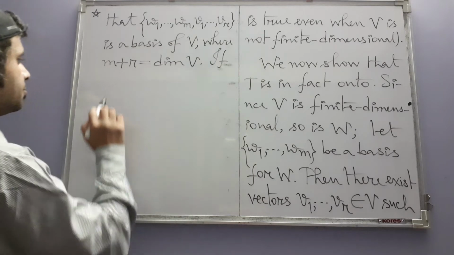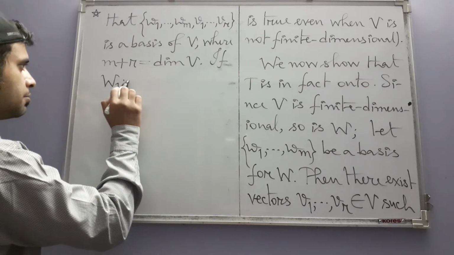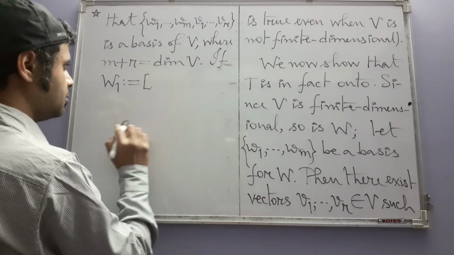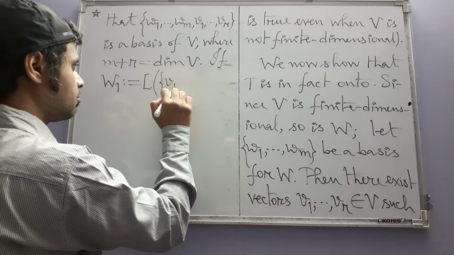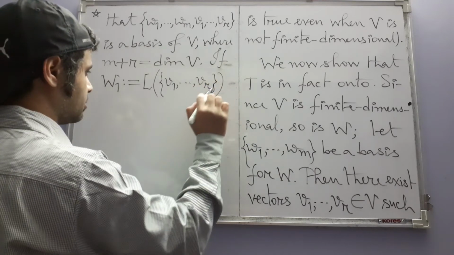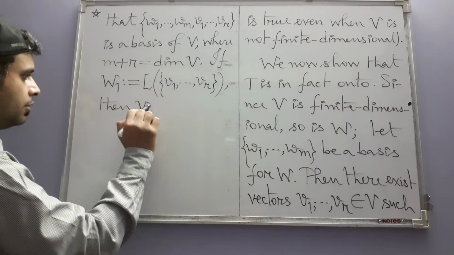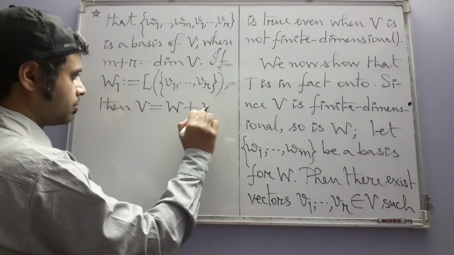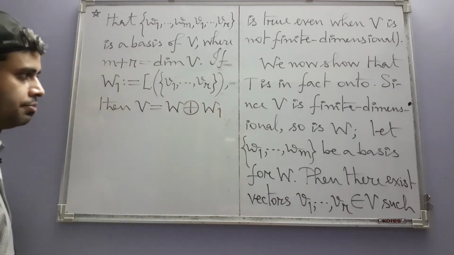So if W1 is the linear span of these extra vectors, then V is the sum of W and W1, but it's the direct sum.